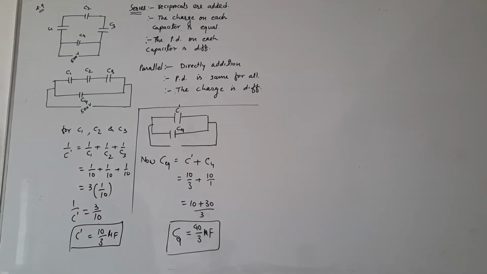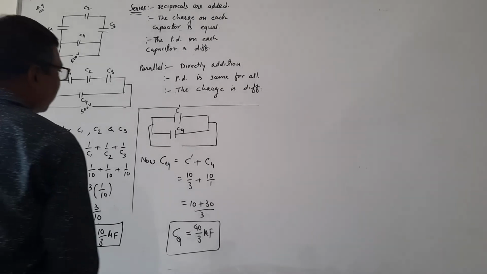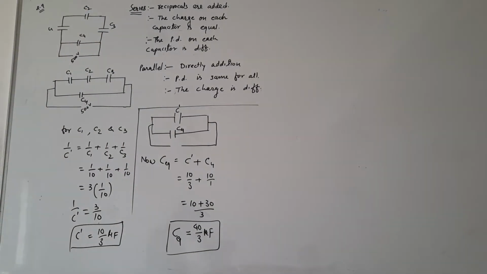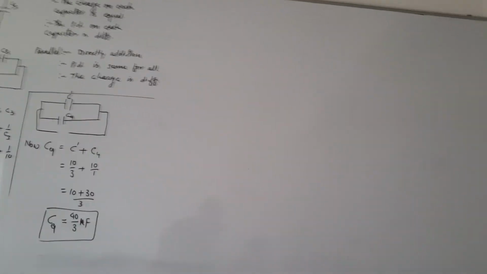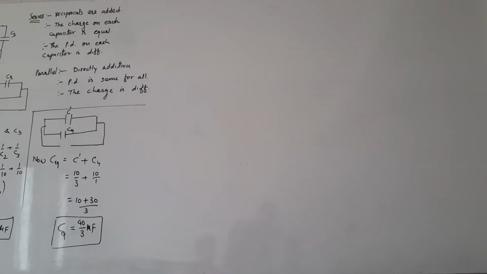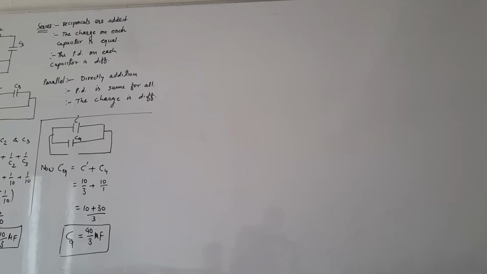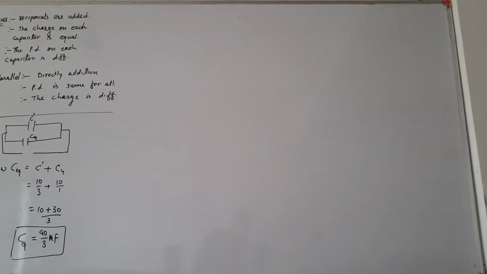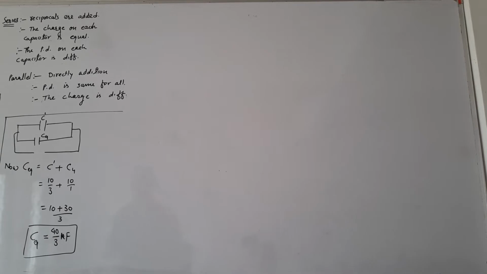Okay, so guys, you understand how we can calculate the equivalent capacitance for such kind of network. Now I am going to find the second thing, and that is the charge on each capacitor. So be careful.